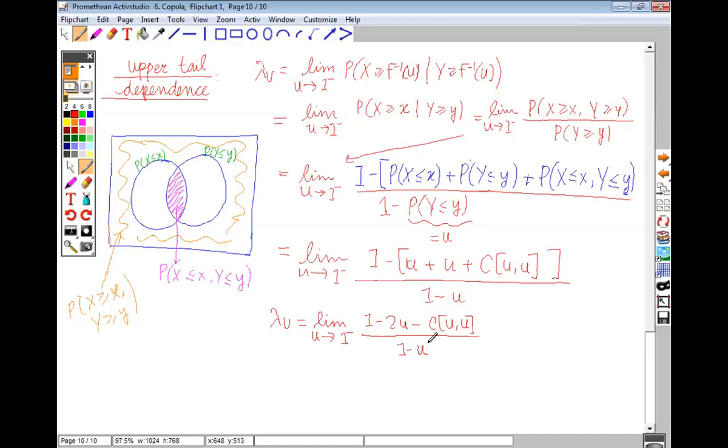Oh, did I? Shouldn't that be outside the probability of x less than or equal to x and y less than or equal to y, outside the bracket? Yeah, if I put it inside the bracket, its sign will just change to minus, right?